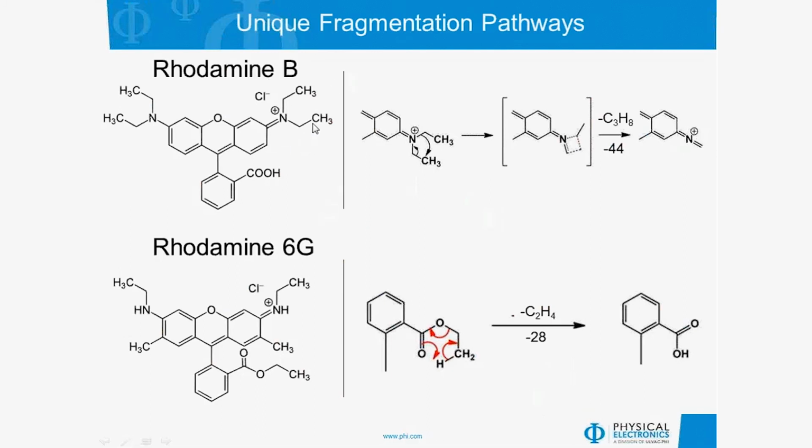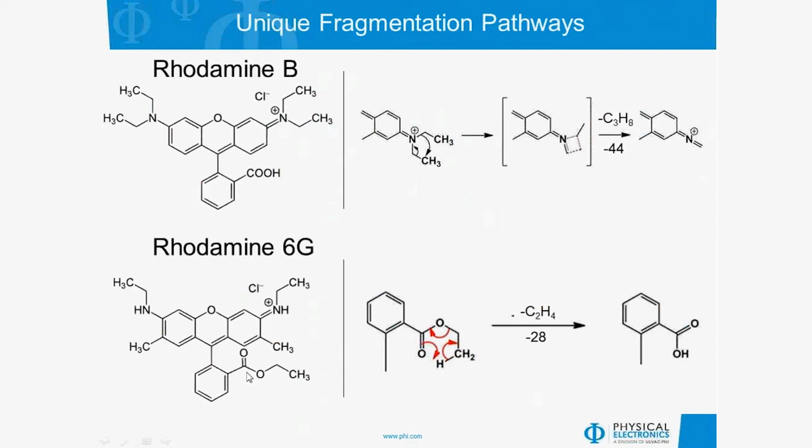In the Rhodamine B, we have this functional group with a diethylamine, which undergoes, when it's collisionally activated, a loss of C3H8 to form this structure. Since this functional group is not present in Rhodamine 6G, that can't happen.